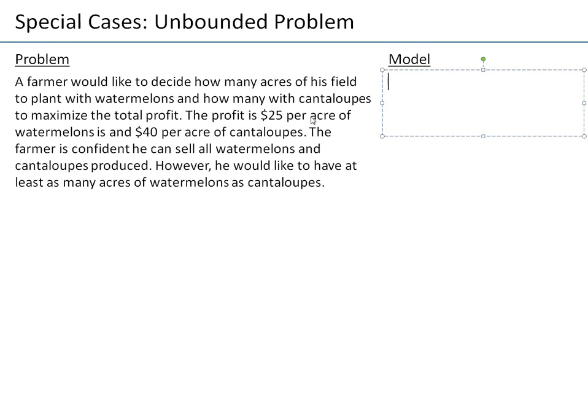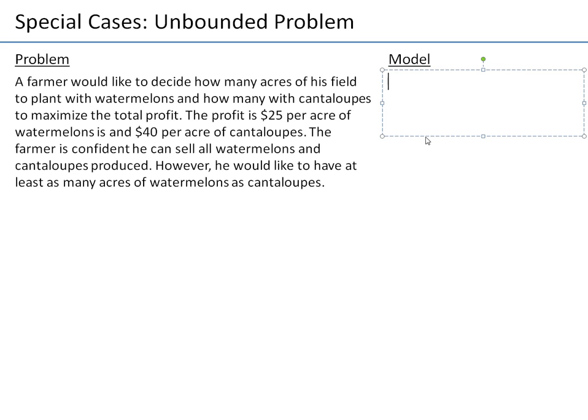That's a unit of area used in agriculture. And the farmer probably is confident he will sell all the products he produces. However, he would like to have a certain balance between watermelons and cantaloupes, and he says basically the number of acres of watermelons should be at least as large as the number of acres of cantaloupes.